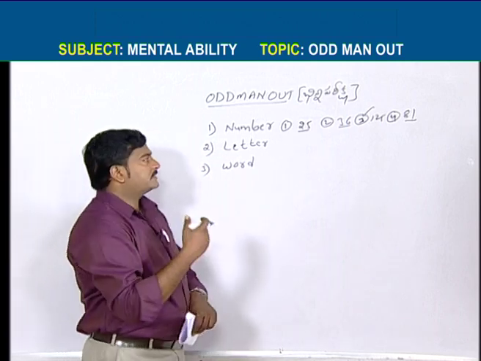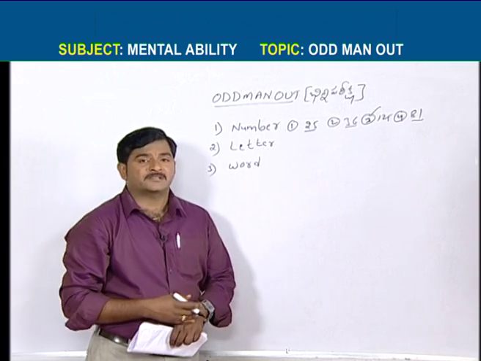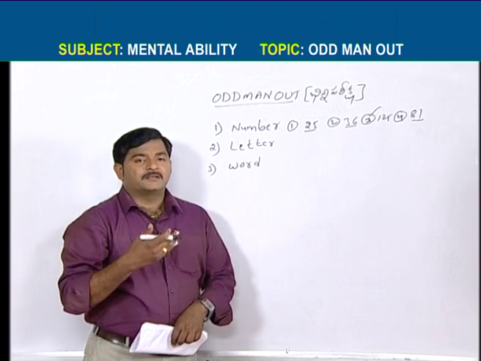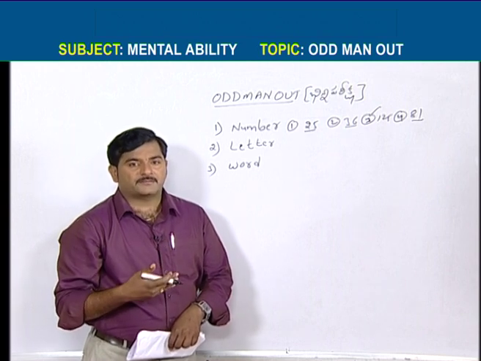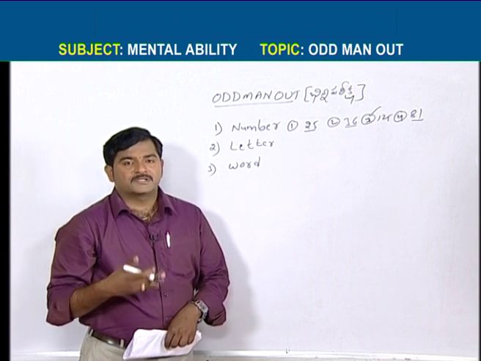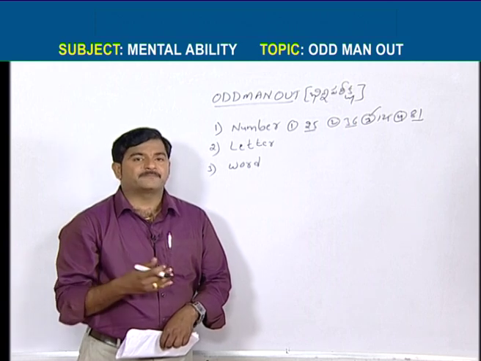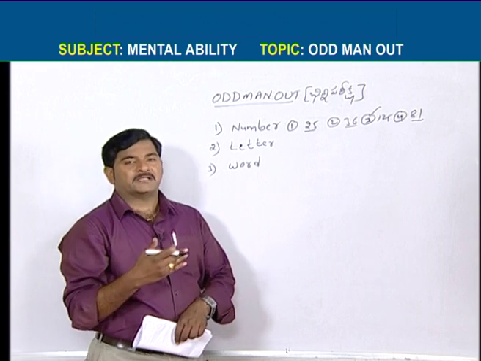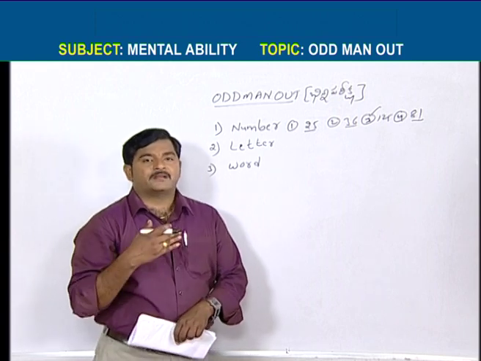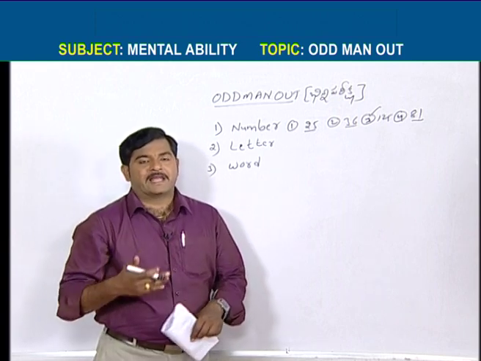Here again, the concepts we used in number series apply: even number, odd number, prime number, composite number, squares, cubes, squares minus 1, cubes minus 1, n square plus or minus n, n cube plus or minus n square, and so on.